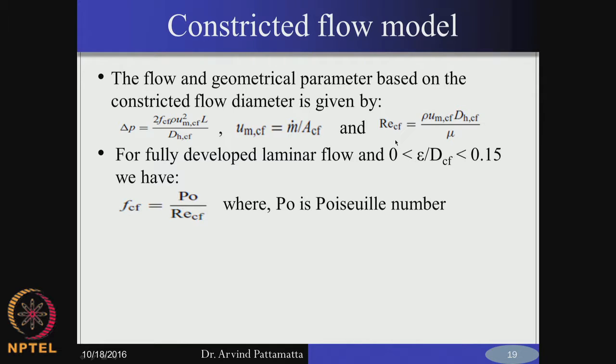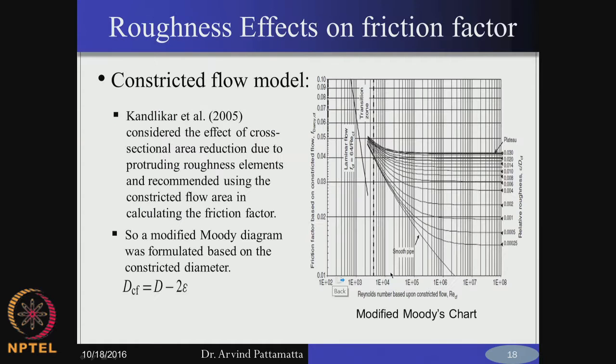So, then your Re_CF will change considerably. Okay. So, yeah, you can do this as a calculation, I will give you a problem where you will calculate the f based on smooth diameter normal case, and then you use the constricted flow diameter and you see how much difference it comes out to be.